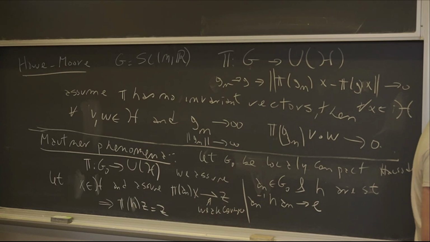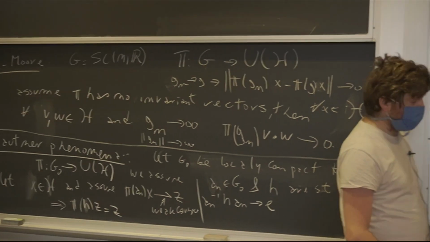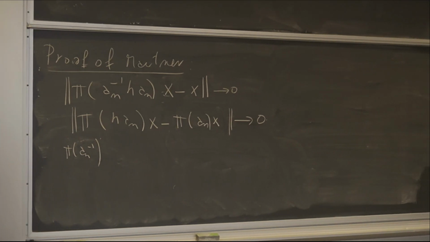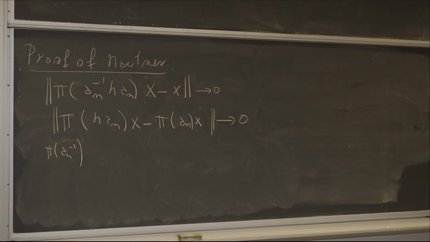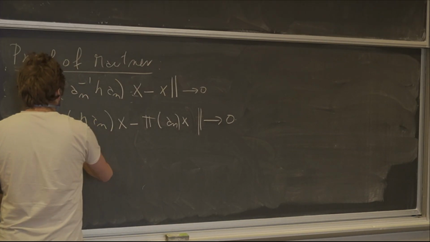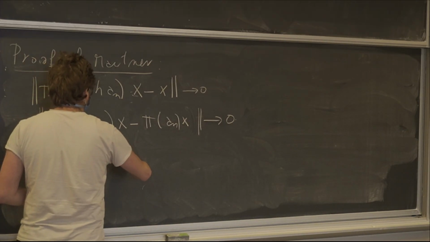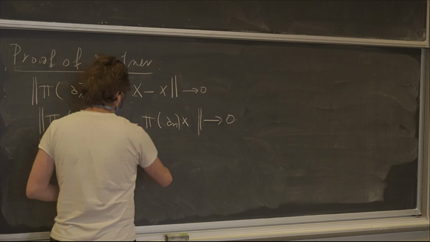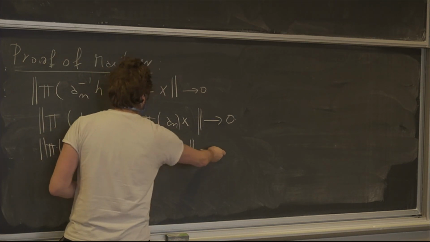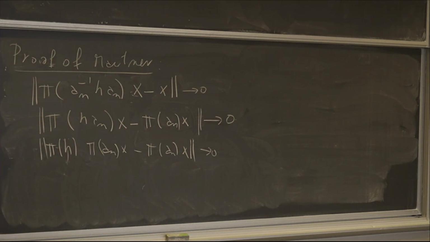Multiplying this by a_n inverse, I get the previous expression, and this is unitary, so it doesn't change the norm. Now, this is the same as pi(h) pi(a_n)(x), which is still going to 0.